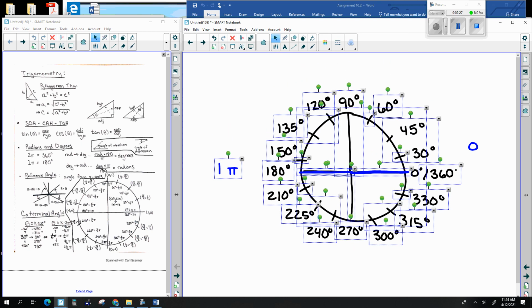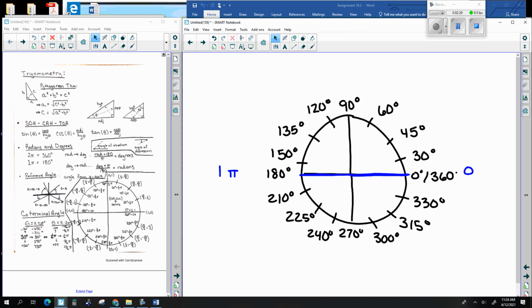So knowing what we know, if 1 pi is 180 degrees, what would be half of that, AKA 90 degrees? Well, it'd be a half pi. So 90 degrees and 1/2 pi are the exact same thing. So we are creating a different category.